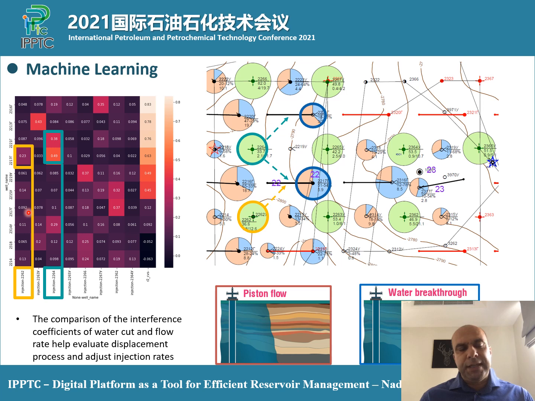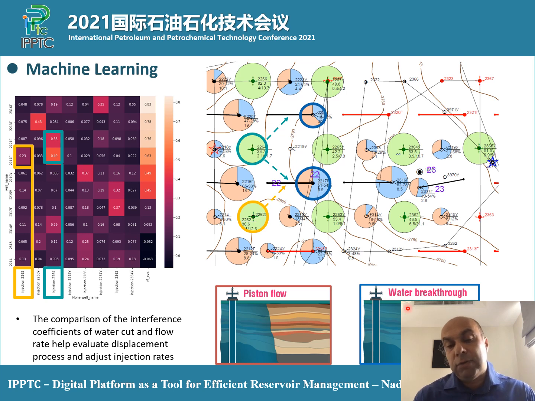And obviously this can again give us a more accurate picture of hydrodynamic models to understand the efficiency of water flooding. Ideally, I put those two pictures just to show that what we are trying to achieve in any water flooding project is a piston flow, meaning that you get 100% efficiency of the water injected, that it's going to push and produce the same amount or volume of hydrocarbons.